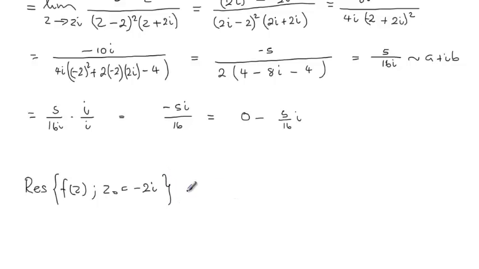This would be the limit as z approaches −2i of (z − (−2i)), which is z + 2i, multiplied by f(z).